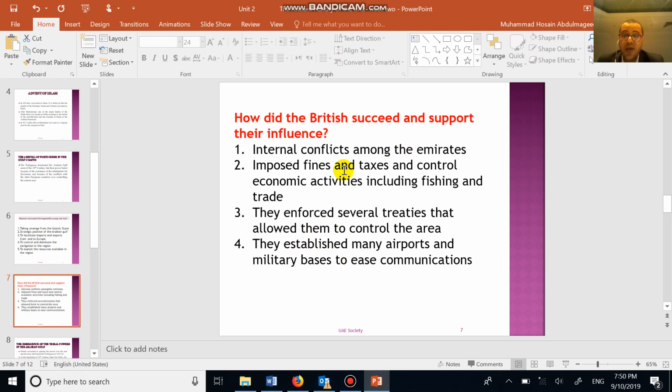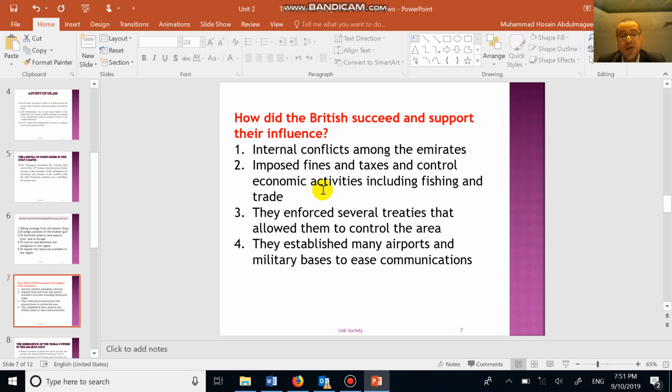How did the British succeed in building their influence in the Gulf area in UAE? First, because of the internal conflicts among the Emirates. If you remember, the Emirates was not one country in the past. They were different tribes in different places. So there was internal conflict between these Emirates, and that's why the British took advantage of it and could take over.